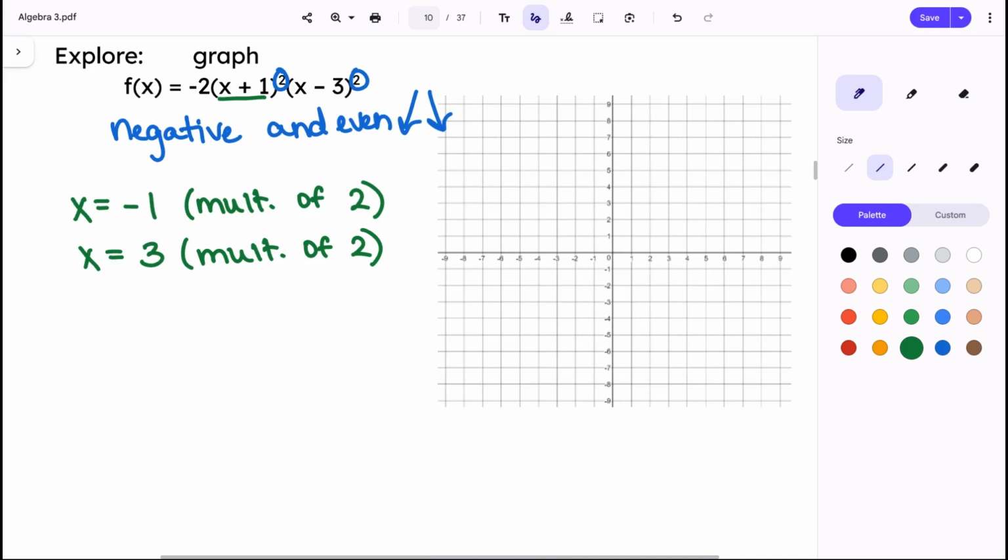Are we going to cross at those roots or are we going to touch and turn at them? Touch and turn, right? Because even means touch and turn. So I'm just going to go ahead and write touch and turn. And remember, these would be -1, 0 and 3, 0. So let's go ahead and put those on here.